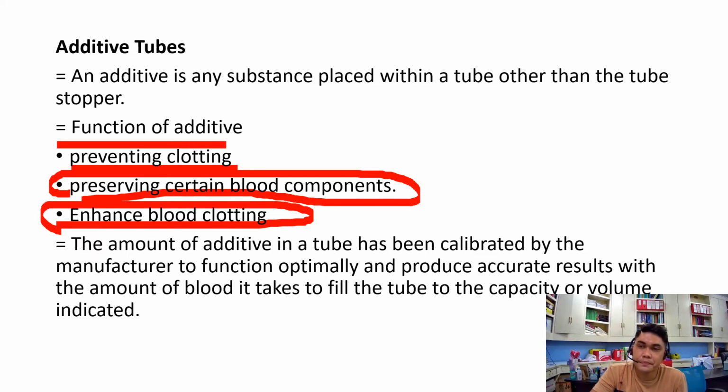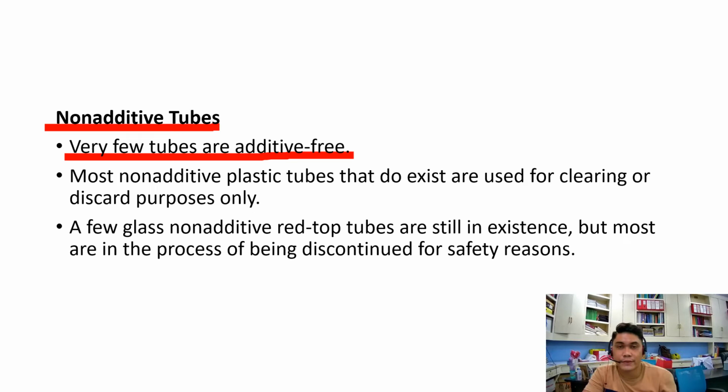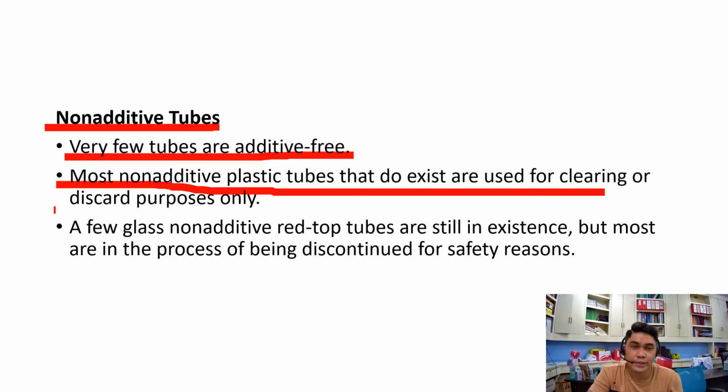and produce accurate results with the amount of blood it takes to fill the tube to the capacity or volume indicated. Then next, for non-additive tubes, very few tubes are additive free. Most non-additive plastic tubes that do exist are used for clearing or discard purposes only. Usually in the laboratory, the discard tube is made of glass.